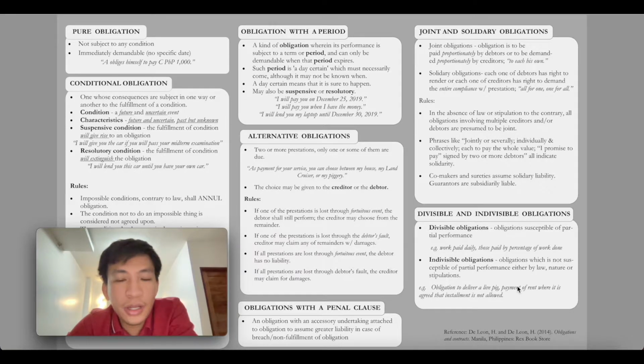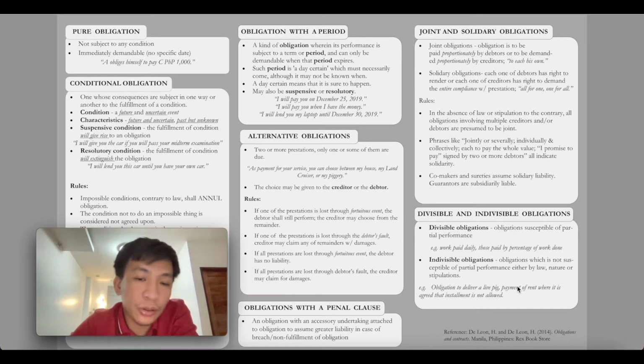Kung ganyan na daw nangyari, ang dati sa fortuitous event, yung mass na pagkamatay ng mga baboy, ASF, that's a fortuitous event. What will happen kapag daw nawala yung isa sa mga prestations? Yung debtor, in this case, yung nagbabayad ng serbisyo, can still perform yung obligation niya kasi may dalawa pang natitira.